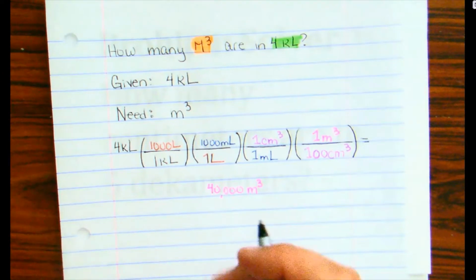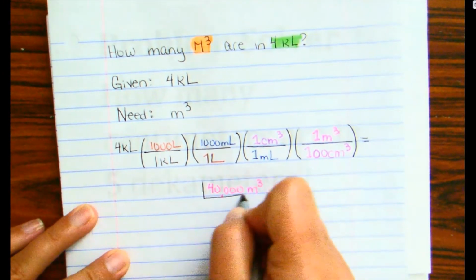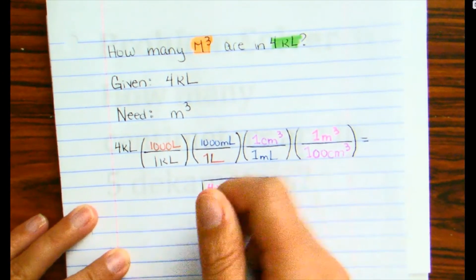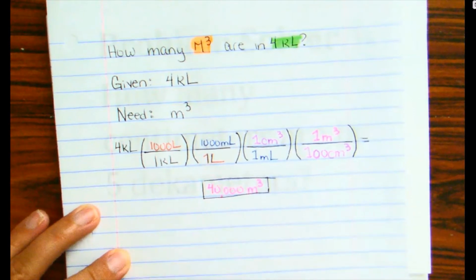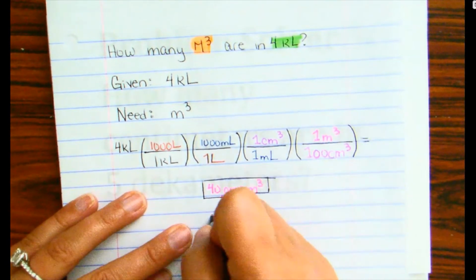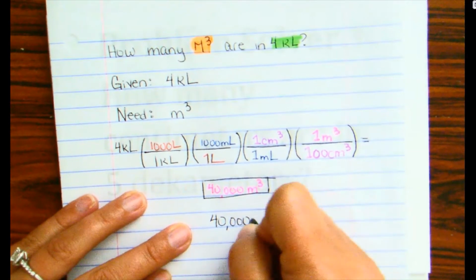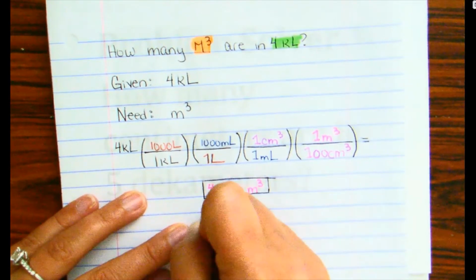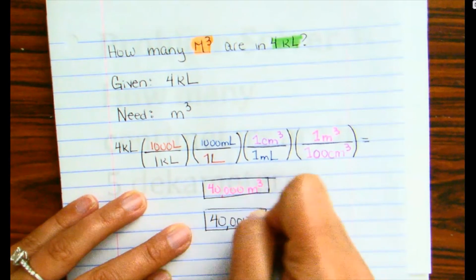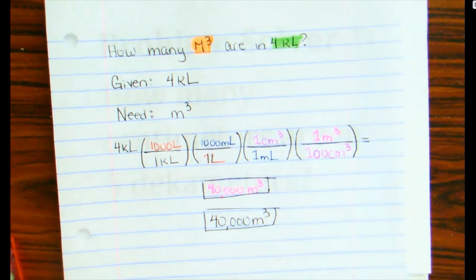And we box the answer. In case you can't read that because the pink isn't showing very well, it's 40,000 meters cubed. Box the answer, and that is the problem solved.